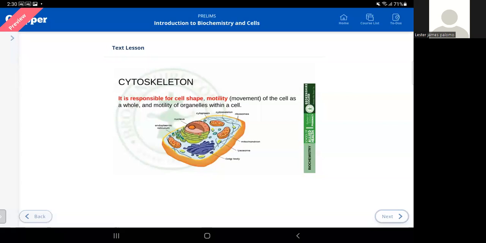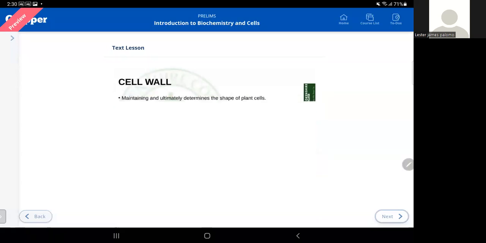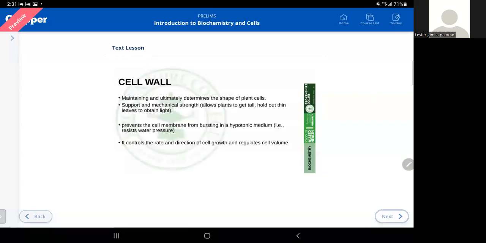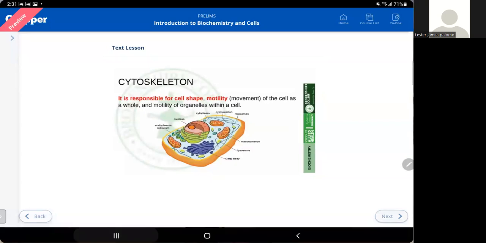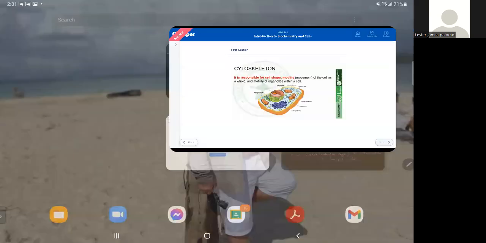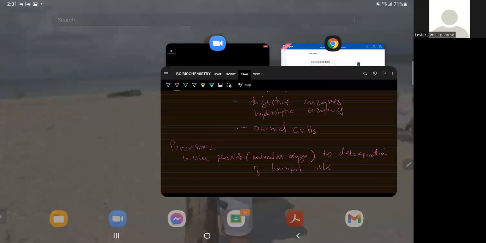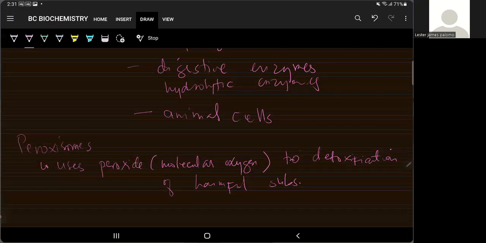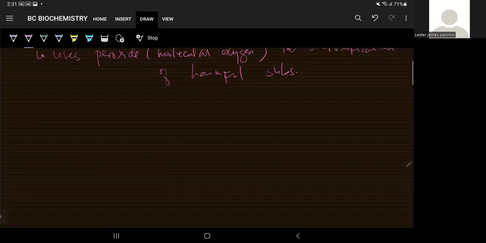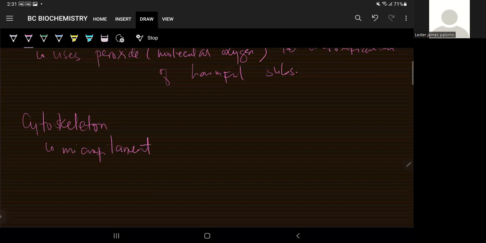Anyway, under cytoskeleton, si cytoskeleton na to comprises what we so called your microfilaments, okay?